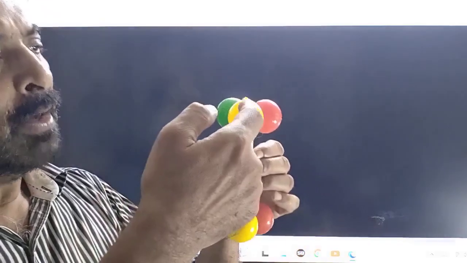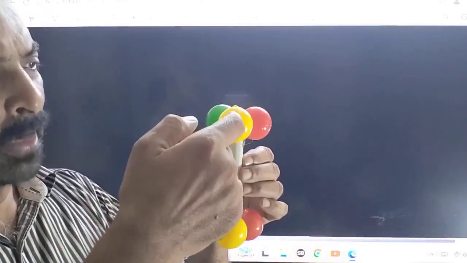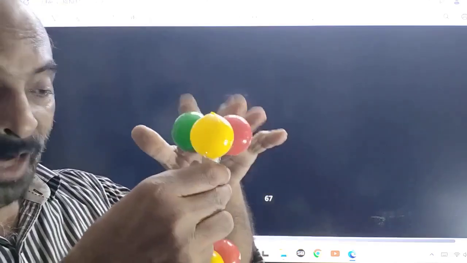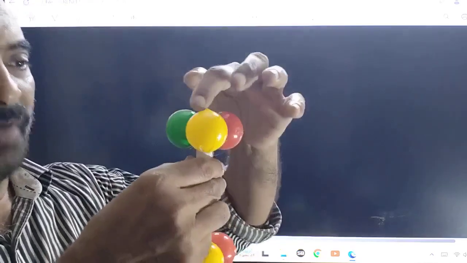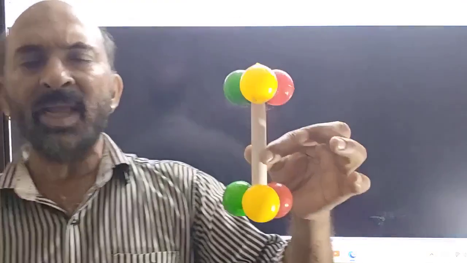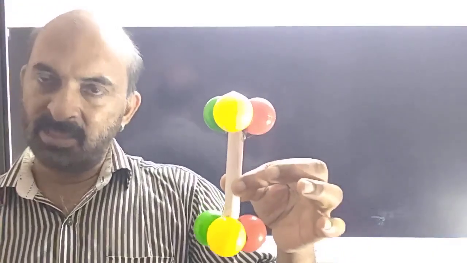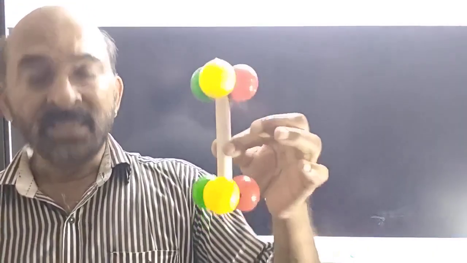That is, if you hold one atom on one carbon just above the same atom on the other carbon, the remaining 2 groups also get identically aligned. When yellow is aligned with yellow, green is aligned with green, and red is aligned with red. Such molecules are called erythro.